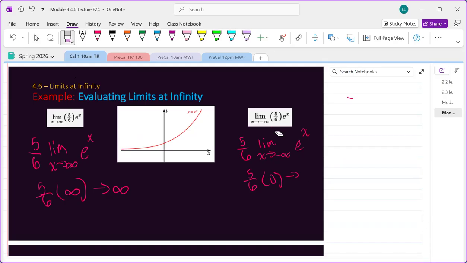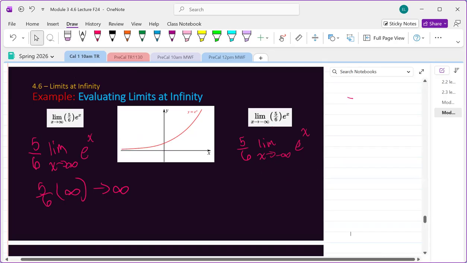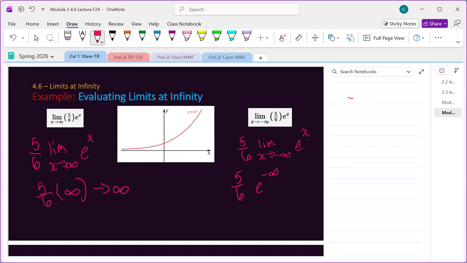So let me do it a little more. This is 5/6 times e to the negative infinity. E to a negative power is the same as 1 over e to the positive power. And now e to infinity would go to infinity, so this becomes 1 over infinity, which is 0.